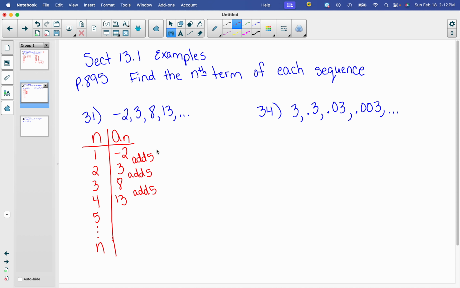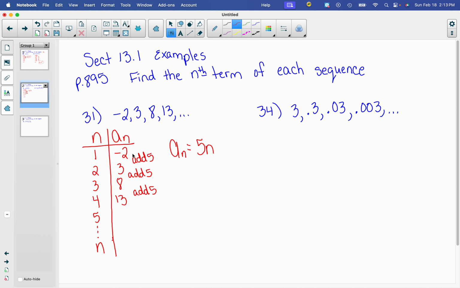Once again, we have this adding 5 over and over again, which tells me if I plotted these points, they would look linear, which means when I'm looking for my rule, it has a slope of 5. So I'm going to say 5n. Then I just need to figure out what I need to do to that, because using the first number, 5 times 1 is not -2. 5 times 1 is 5.